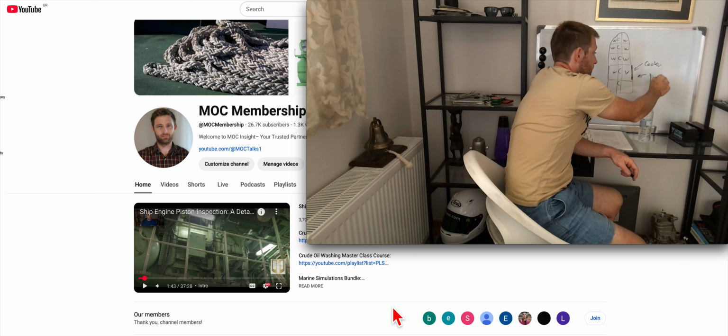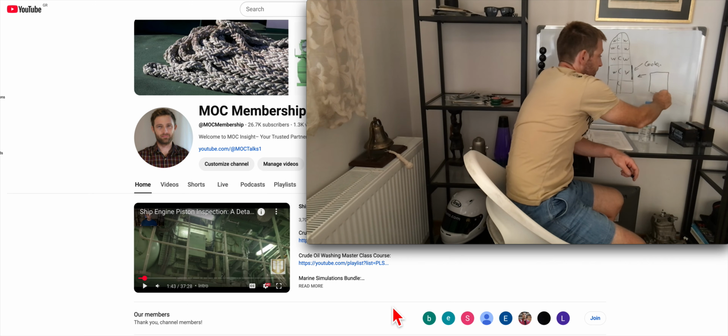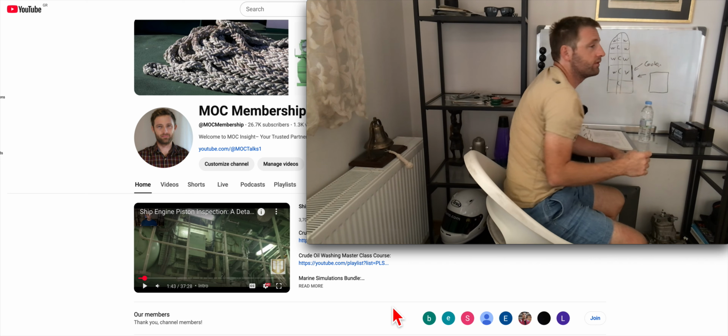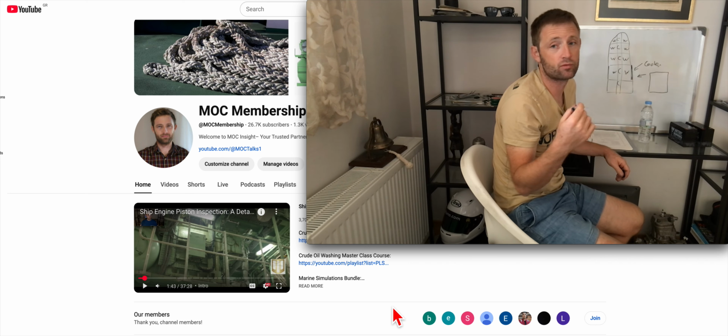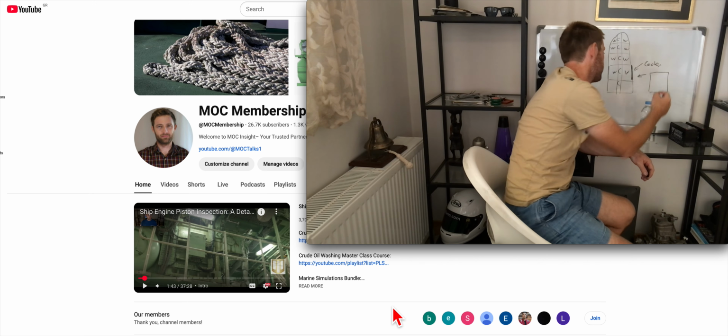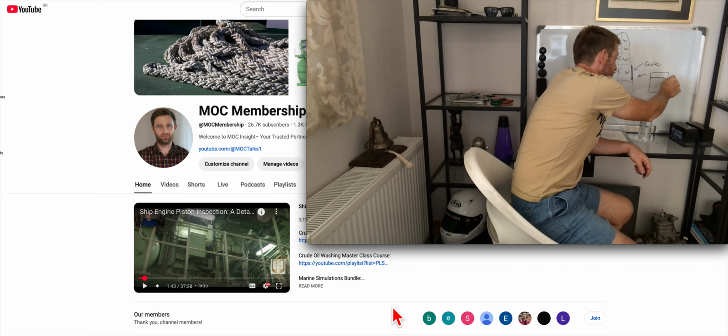So if we look at the tank like this from the side, and you had some infrared supervision, you would see internally that the crude starts layering.